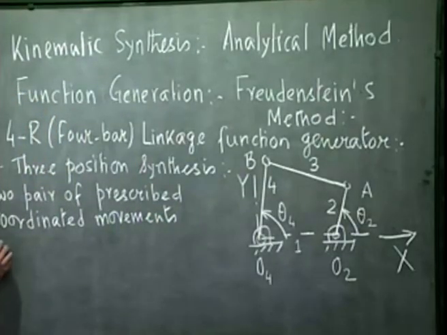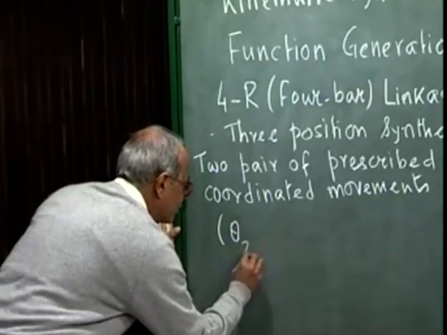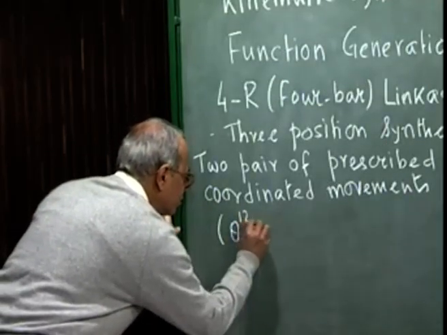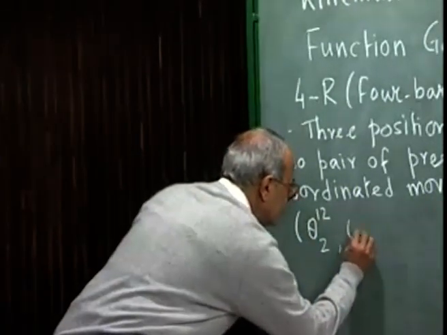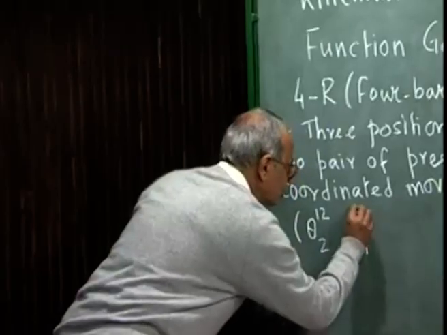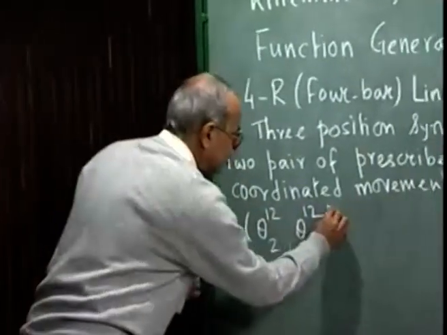That is, as the input link goes from position 1 to 2 by changing theta 2 by an amount theta 2 1 2, the output link should move from position 1 to 2 by a prescribed movement theta 4 1 2.